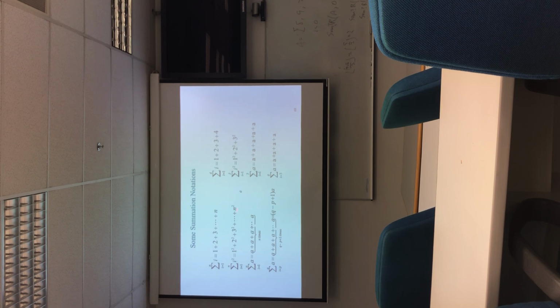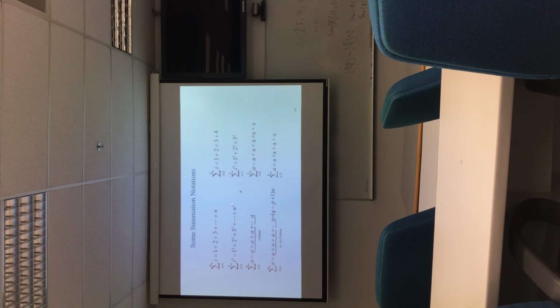The second summation here, you see i squared, right? Inside the summation here is i squared. That means the expression is i squared. For the first term, i is 1, so you substitute i equal to 1 into here and you get 1 squared. You substitute i equal to 2, you get the second term, 2 squared.